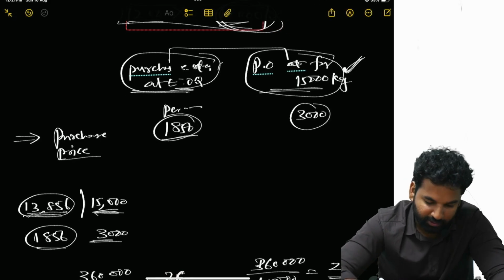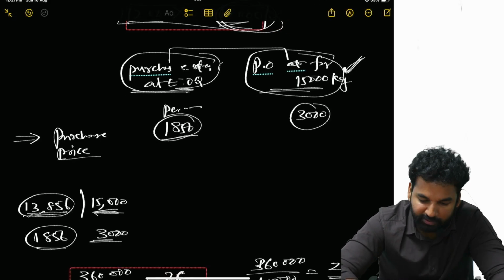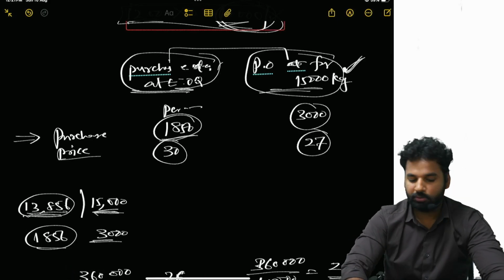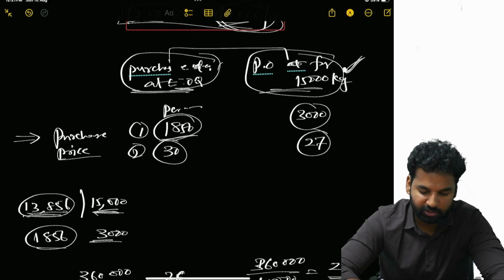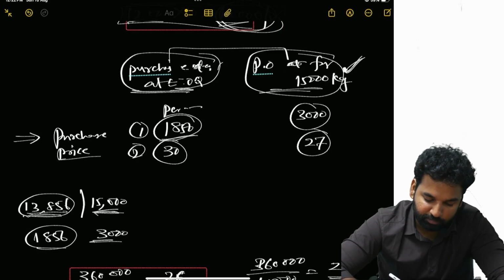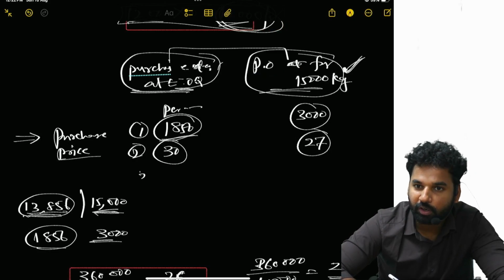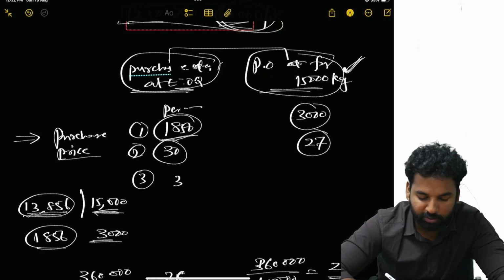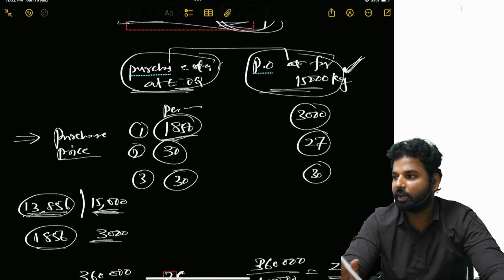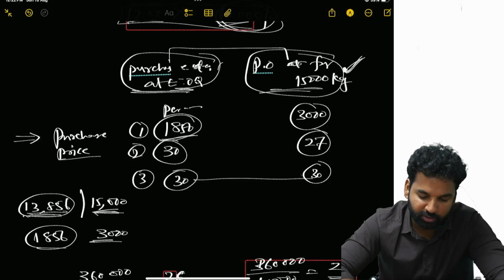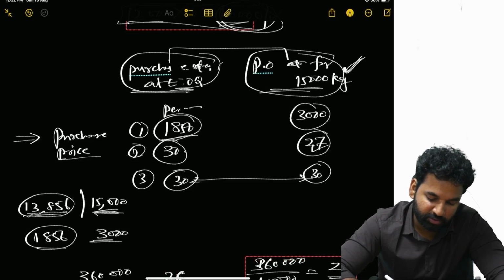Okay, that is one thing. Here the price is 27, here the price is 30. That is another difference. Here the ordering costs are same in both the cases, because 30 orders, 30 orders, and there is no difference in per order cost. But here there is a difference.